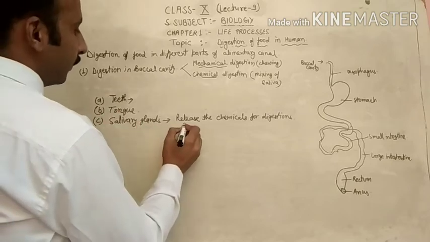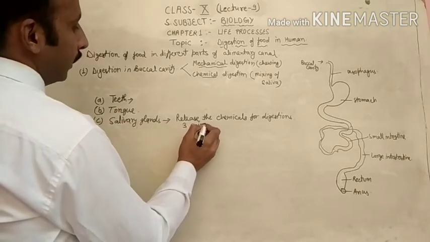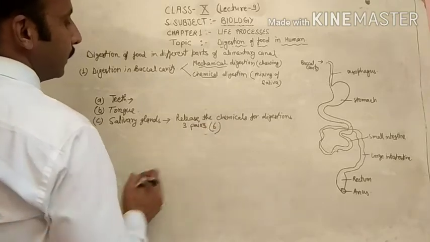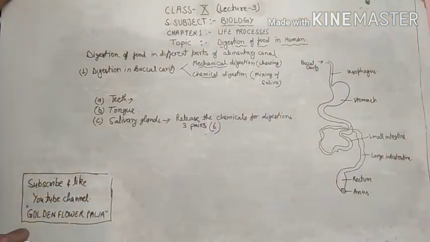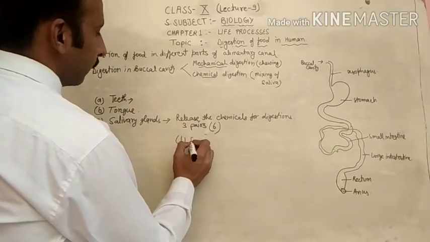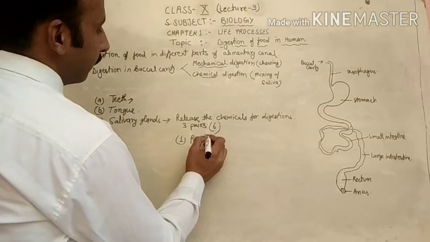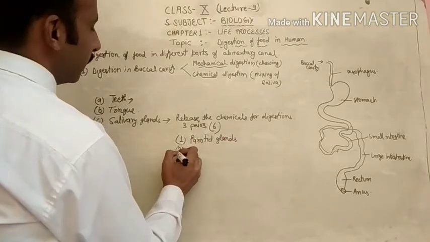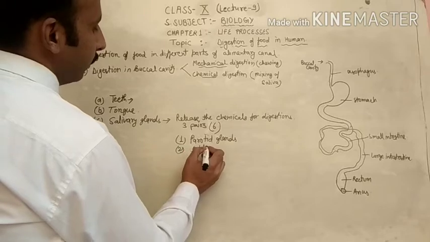Salivary glands are of 3 pairs. In human beings, 3 pairs or total 6 glands are present in the human buccal cavity. First one is the parotid glands. Second one is the sublingual.